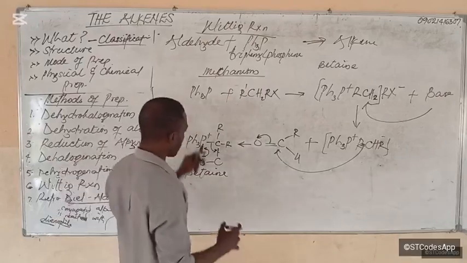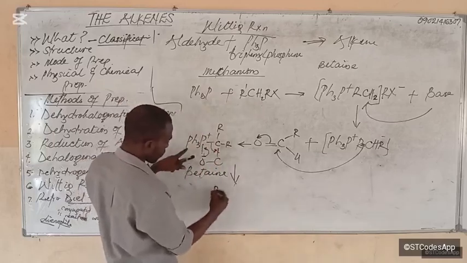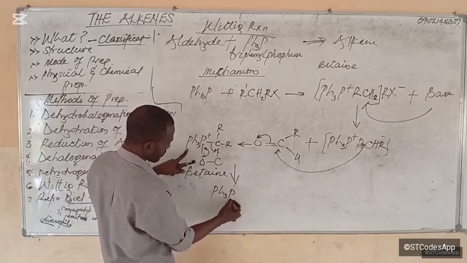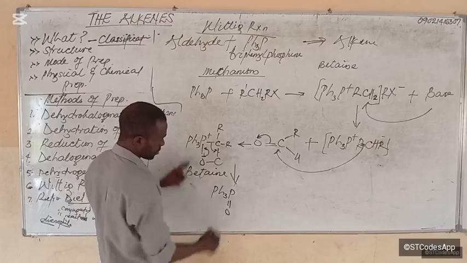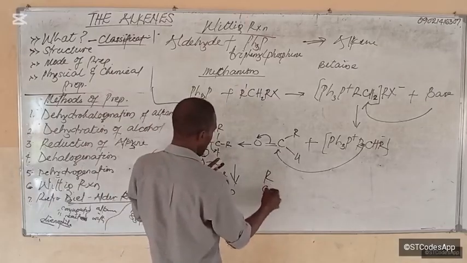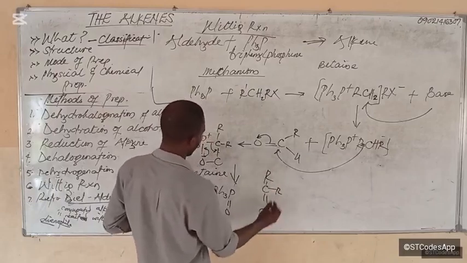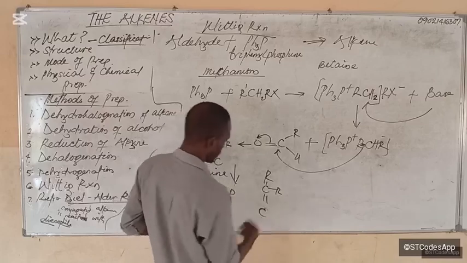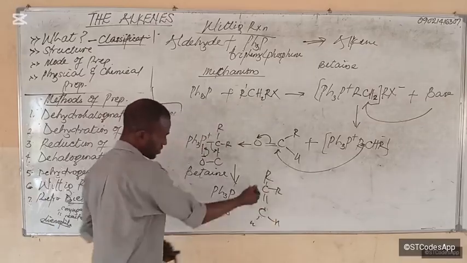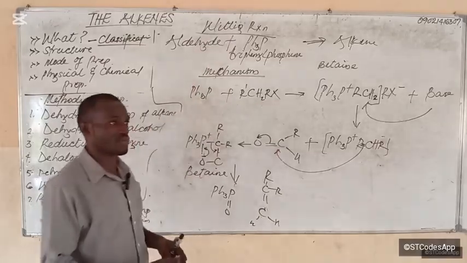When this bond cleaves, then you now form a triphenyl, then you have your RC double bond C. All right. So, of course, you're going to have the hydrogen and all. So this is the way the mechanism proceeds, okay?